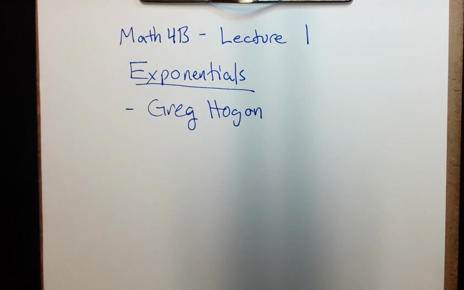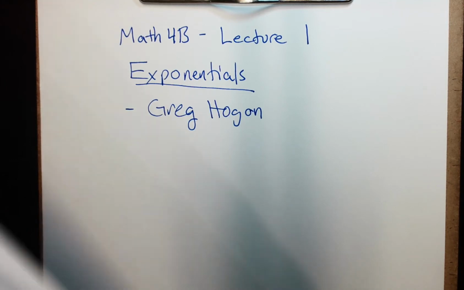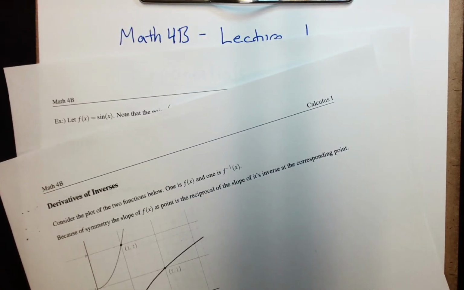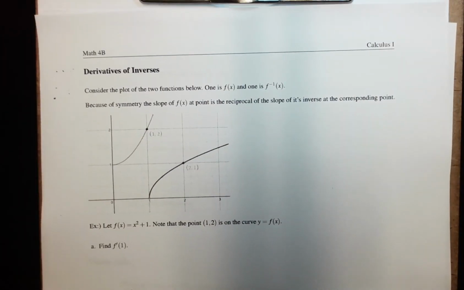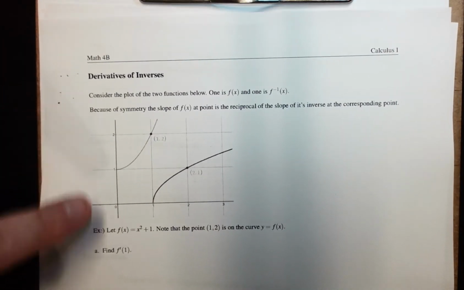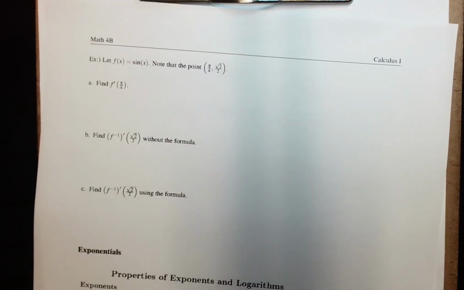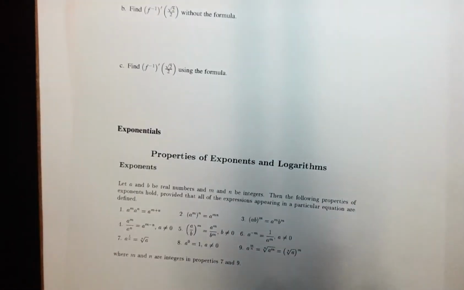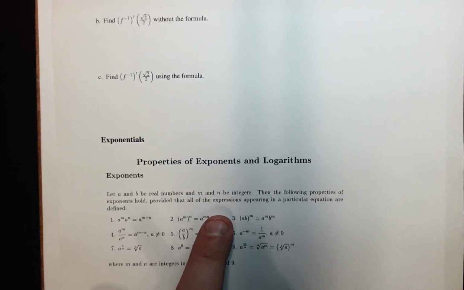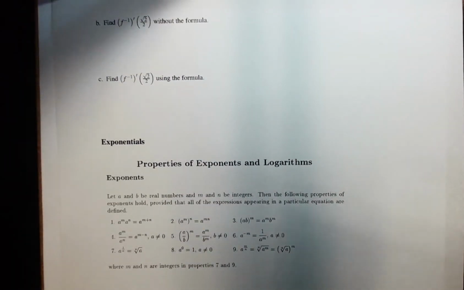Also, because I've been running behind, I have some typed up notes here, but I'm not going to be using these today, just because this set of notes that I typed up last semester has derivatives of inverses, which we're not ready to do yet, and then goes into properties of exponents and logarithms.